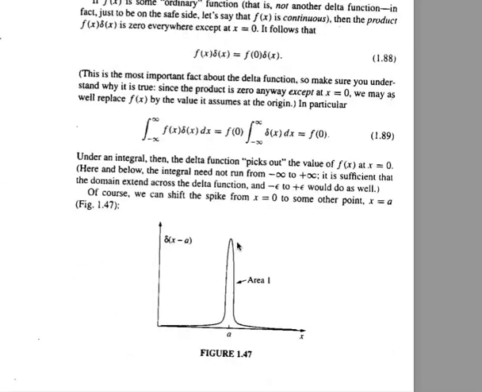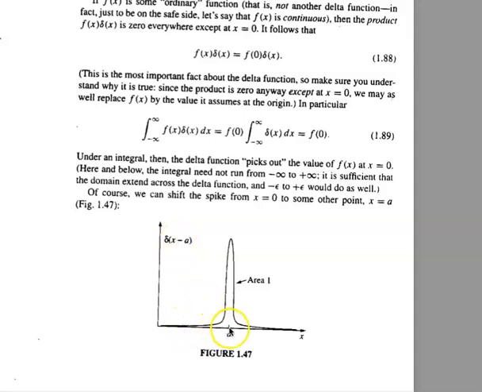So now this is the way that I want to think about this. This is a function here, delta of x minus a. This is the standard way that you see it. As opposed to the function being 0 everywhere except at the origin, now it's 0 everywhere except x equals a.